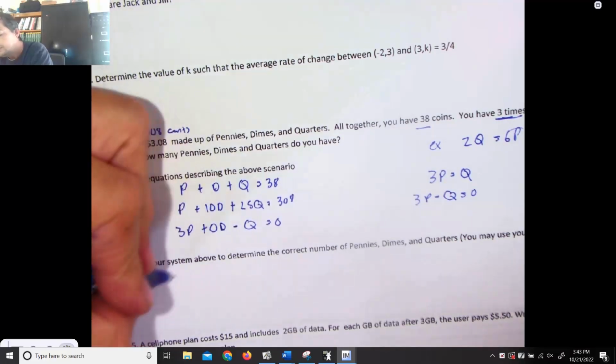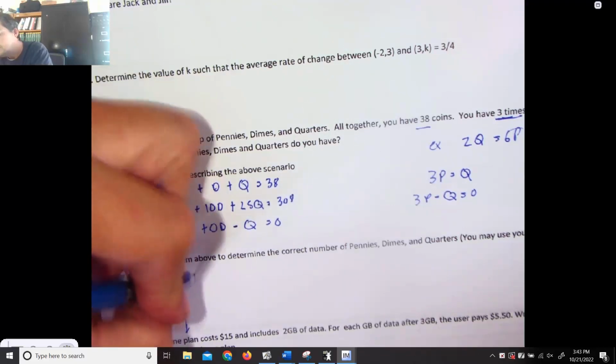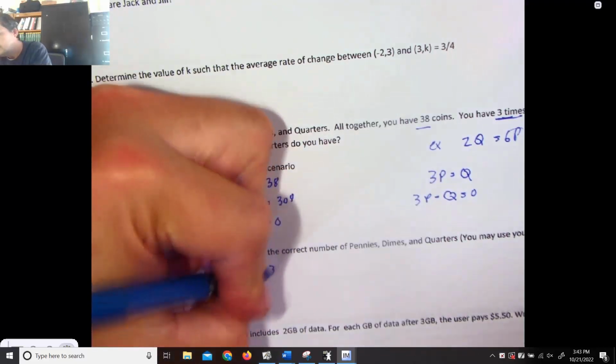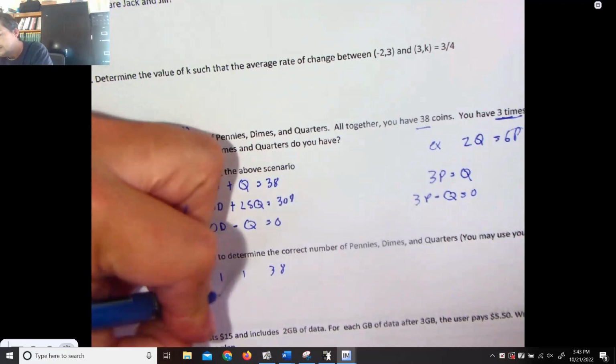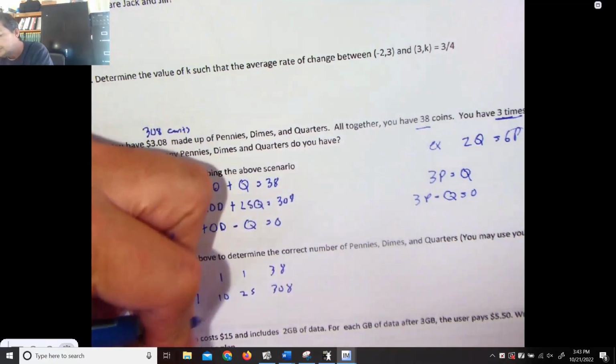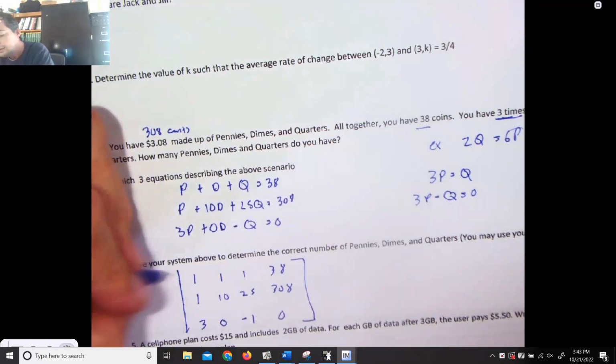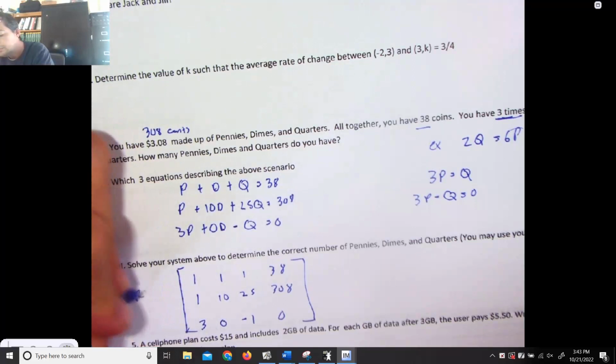Now, why did I do that? Because you get to use your TI-84 for this. Make your matrix 1, 1, 1, 38, 1, 10, 25, 308, 3, 0, negative 1, 0. And what you can do is you can hit that thing with that reduced row echelon form, RREF.